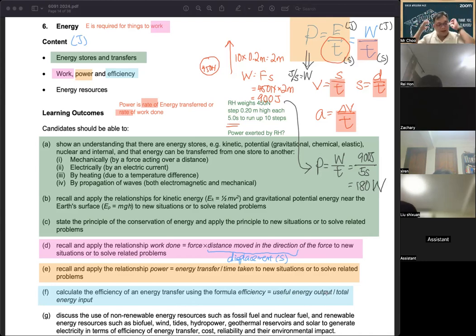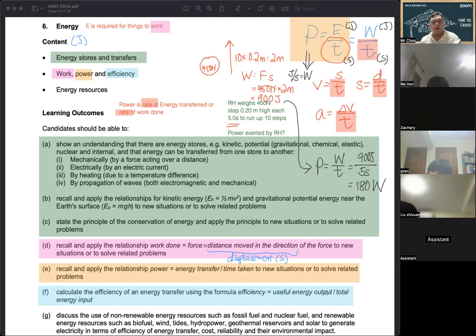However, practically, to get an ideal machine is almost impossible. Some of the energy will be lost as heat, or sound, or even light.